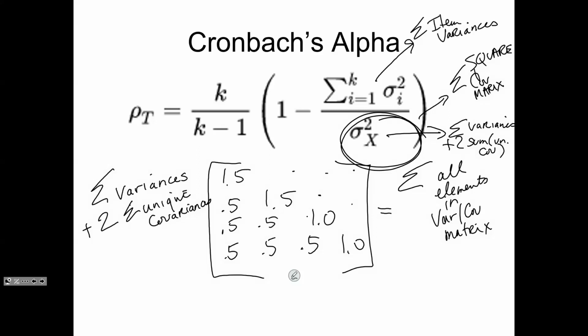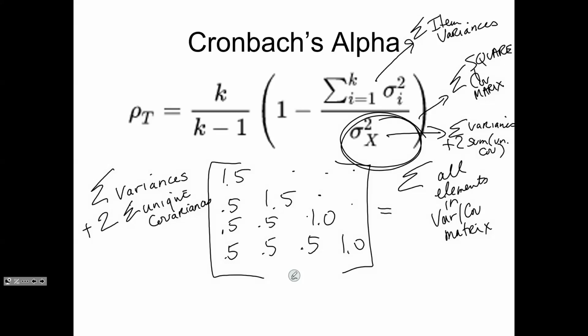And then why is it 1 minus that? Anybody know? This is a place where the formula is kind of silly, because really there are lots of different formulas. What we're really looking for is the shared variance, which is actually the sum of the covariances. But if you think about it, if I take 1 minus the sum of the variances over the total, that actually gives me the sum of the covariances over the total.